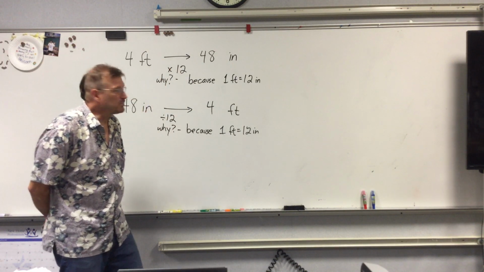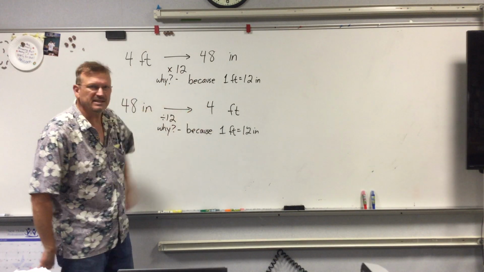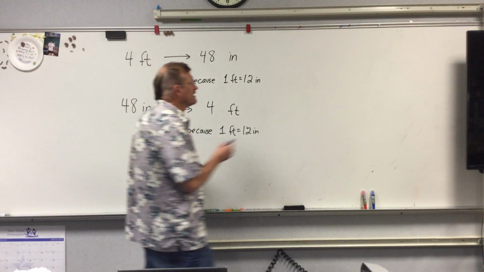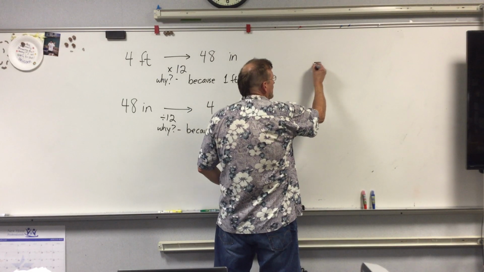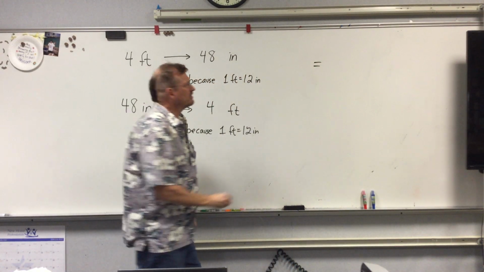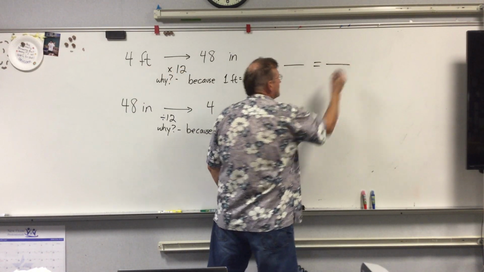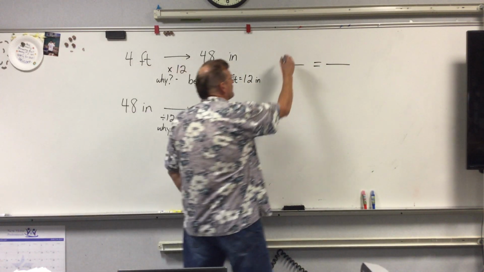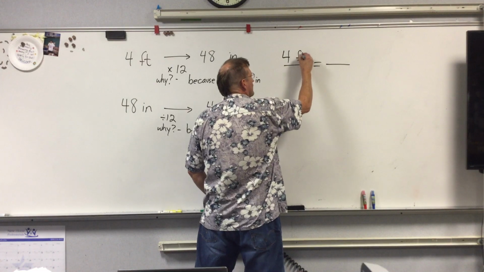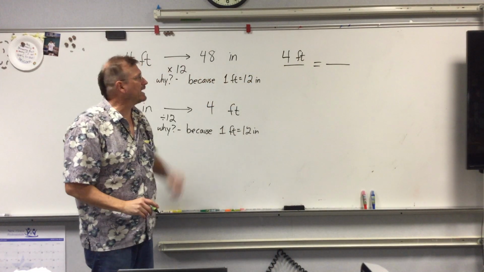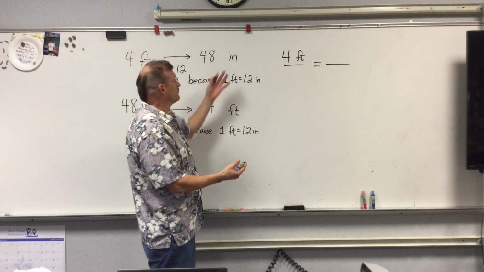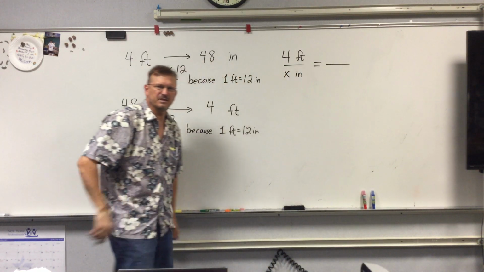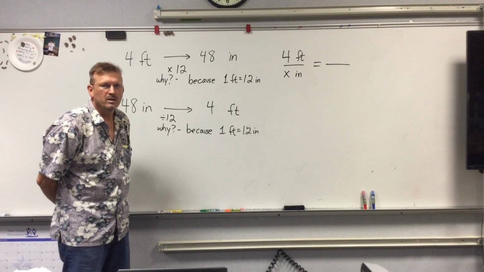Now, in order to explain this, at least in this simplistic case, we need to go to ratios. Because in math, if they had you do this, what they would say is, okay, I have been given 4 feet, and I would like to convert that over to inches so I can introduce something in the denominator that looks like this.